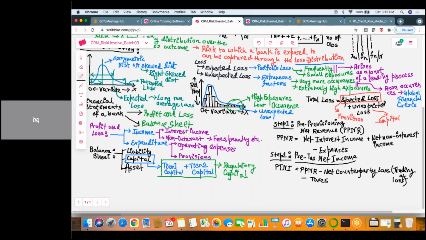Right. So what we have is PPNR, we have the net counterparty loss, trading account loss minus the taxes. So this is the pre-tax net income.